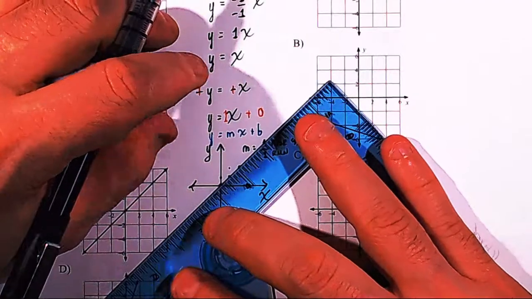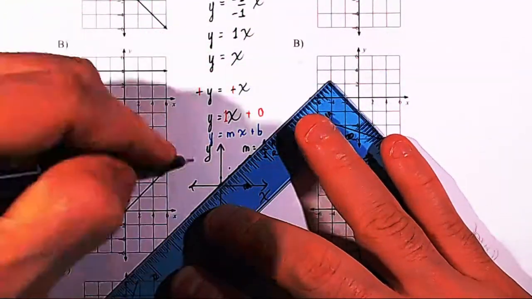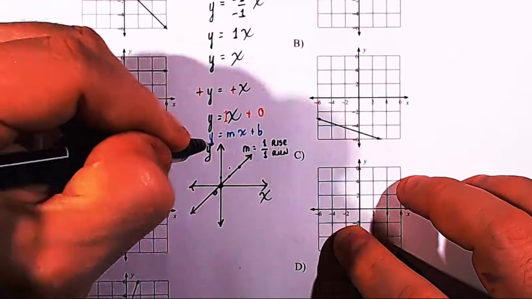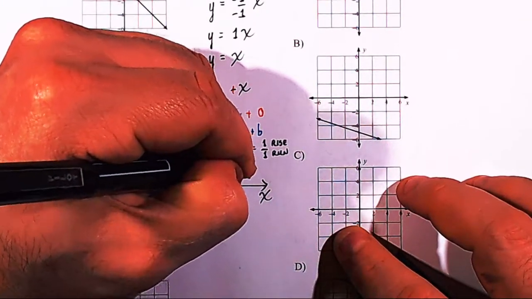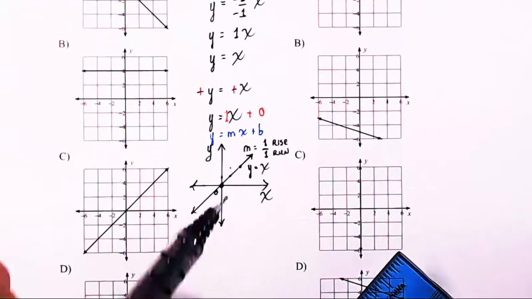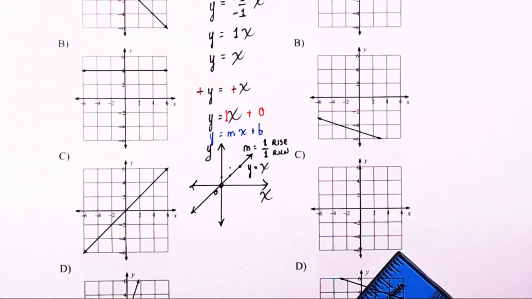And I'm going to make what actually turns out to be a 45-degree angle with the x-axis right there. And that is the equation y equals x. So before I've even looked at my answer choices, I know what I want. I want an upward sloping line that crosses through the origin.